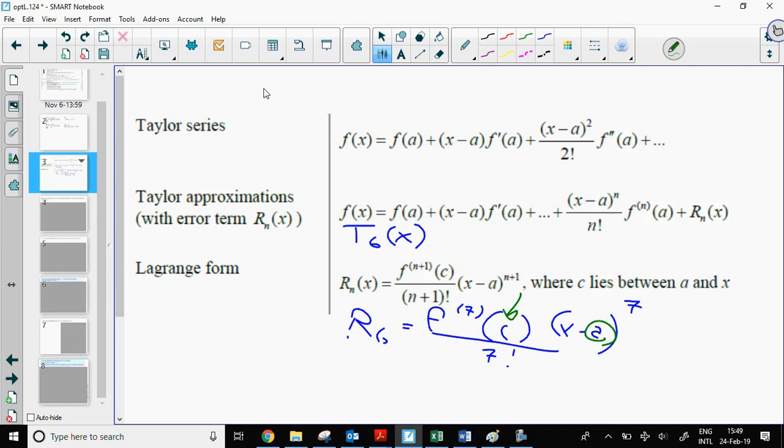What is c? It's just some number that is in between the center of our interval of convergence and x. Now when I say x, we're going to be using whatever degree Taylor polynomial to approximate some value.